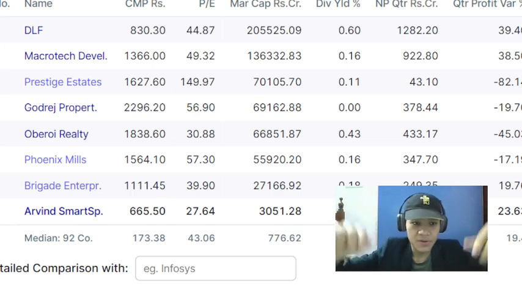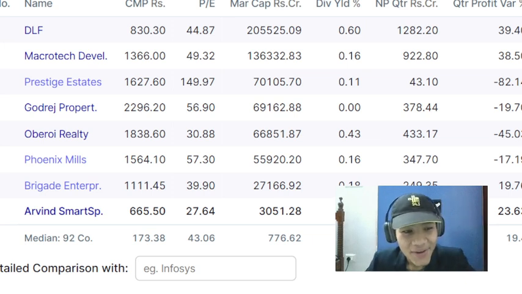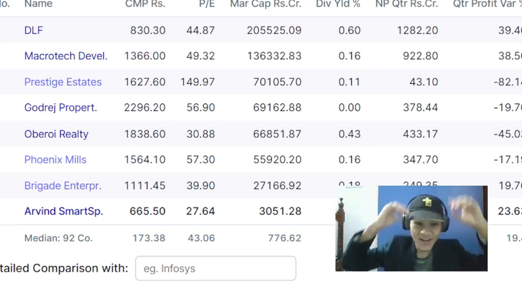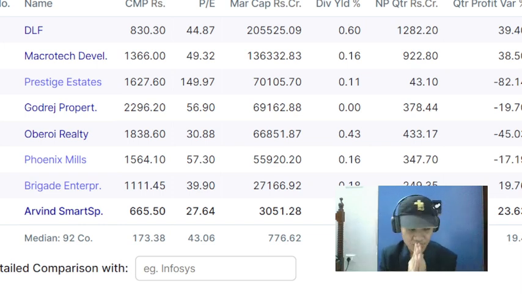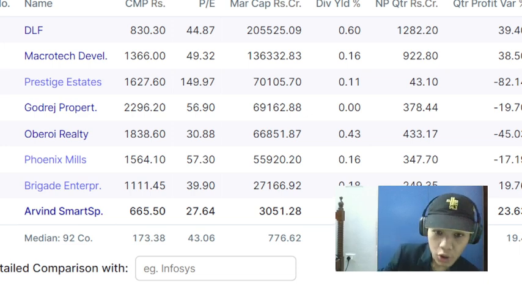So we compared to DLF's PE of 44, Macrotech's 49, Prestige's 149. Generally speaking, Arvind Smart Spaces has a lower PE ratio.